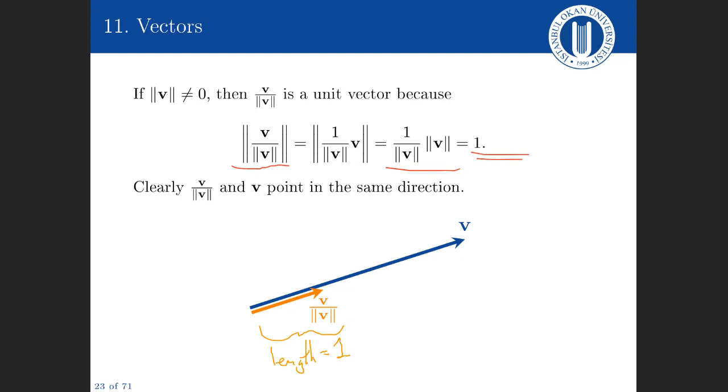We can use this trick to find a unit vector which is pointing in the same direction as any vector that we're given. Anytime we're given a vector v and we're asked to find a unit vector pointing in the same direction, we'll just take v and divide by the norm of v.